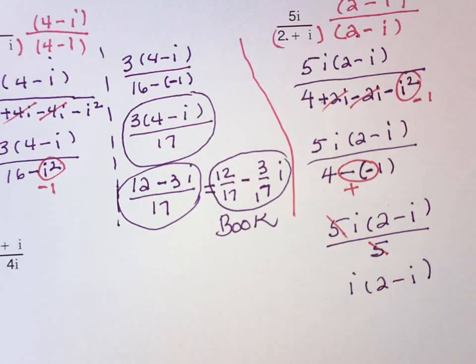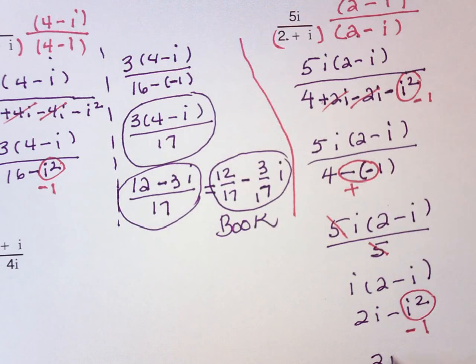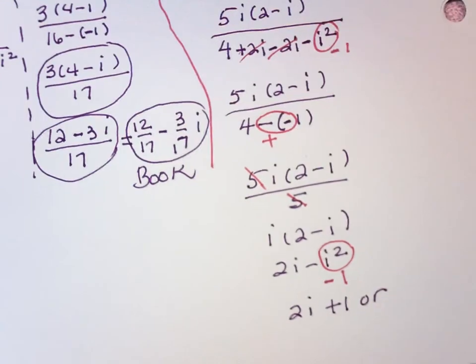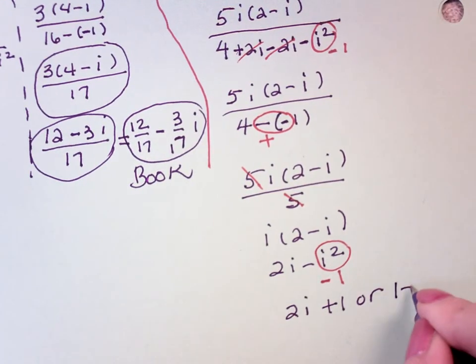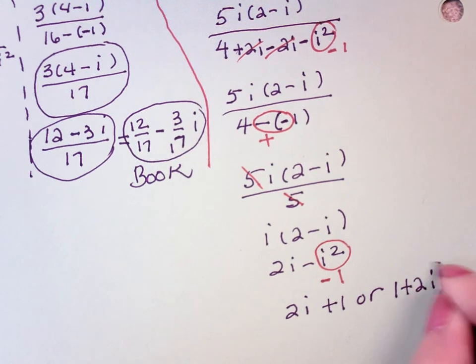I'm not done, unfortunately. This becomes 2i minus i squared. But I know that i squared is negative 1. So this is 2i plus 1. Or, as your book would have it, it would be 1 plus 2i.